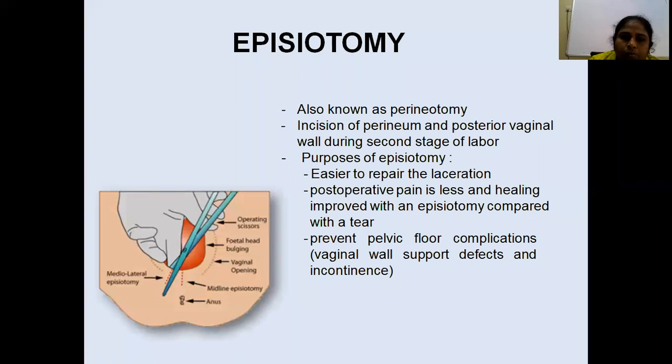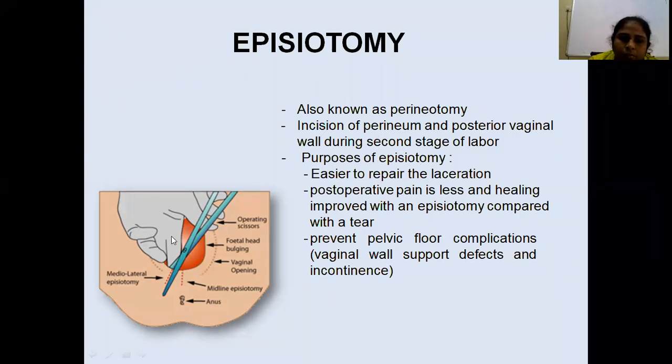This is episiotomy. This is to prevent the perineal laceration. You give this so that it is a neat, clean cut, and later on the delivery also will be easy, and it is immediately sutured so that there is no excessive extension of the tears. It is an incision of the perineum and posterior vaginal wall.